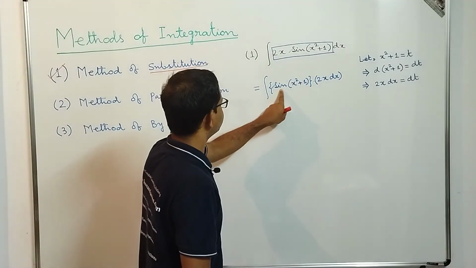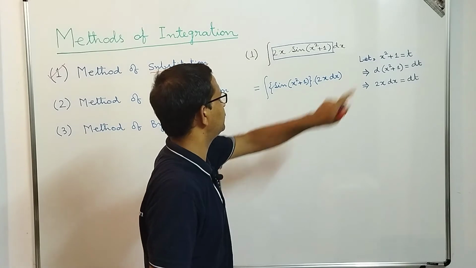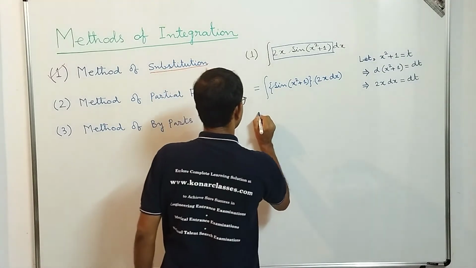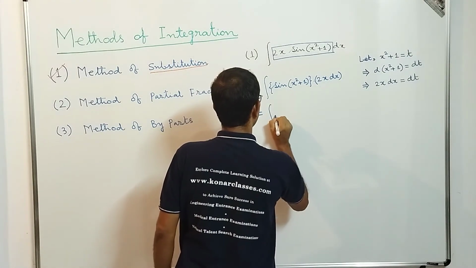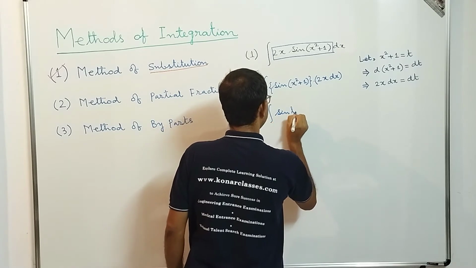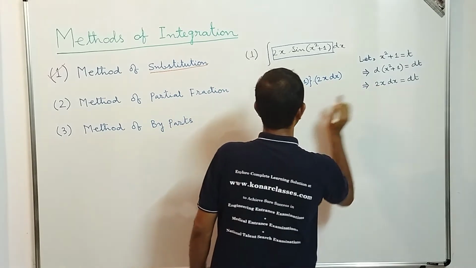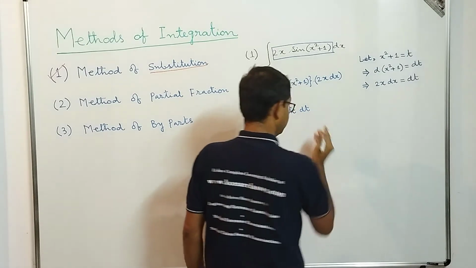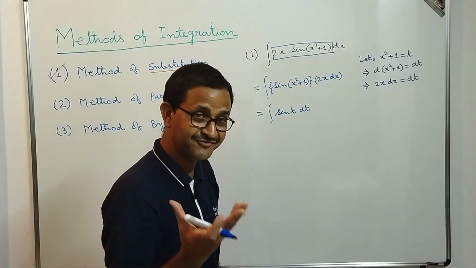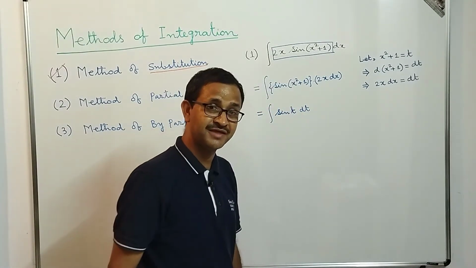Now instead of sine of x square plus 1, I am going to write sine t. So this is equal to what, dear students? We are getting sine t, and 2x dx becomes dt. So sine t dt. This is very easy. We know how to integrate sine t dt.